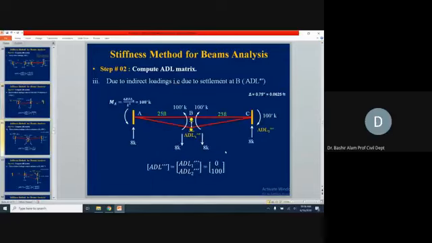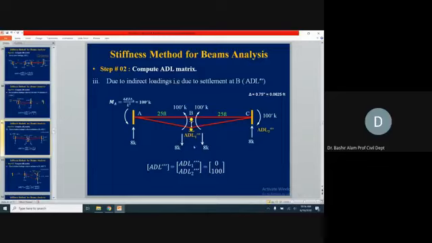You see here, it is coming down. These are fixed, doing nothing, and this is the settlement, which is 0.75 inch. We convert this into 0.0625 feet.